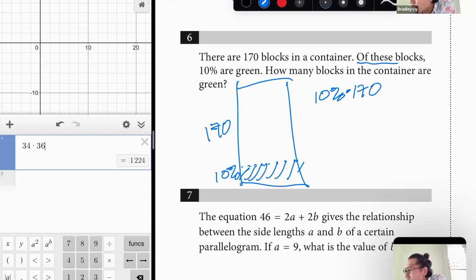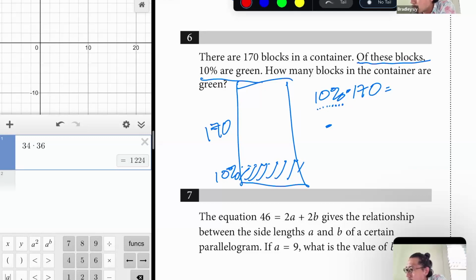If we rearrange the wording, 10% of the blocks, 170, are green. The word "of" is always multiplication in math. So this expression tells us how many green blocks there are. You have to remember, whenever you're using percentages in an equation, you have to turn them into a decimal.